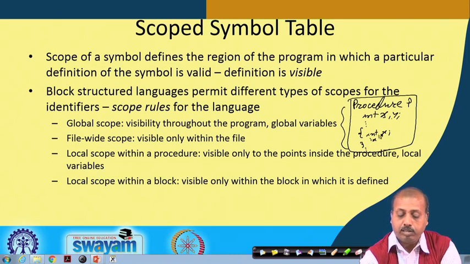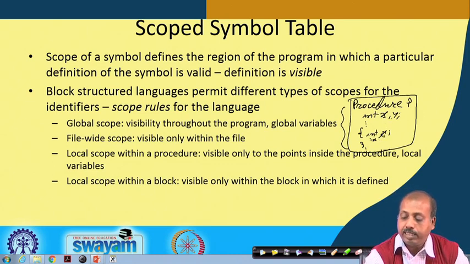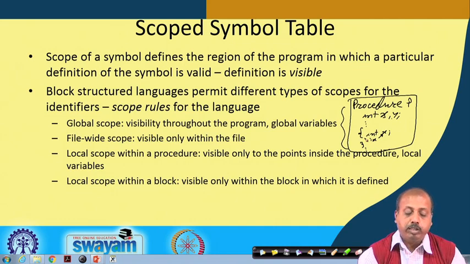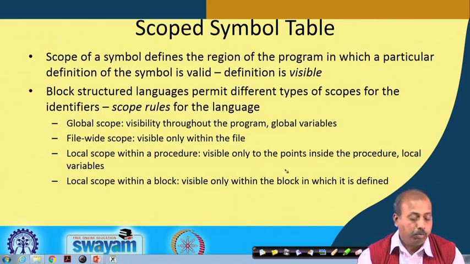So, this is the local scope within a block, and this x is not visible outside this block. However, the x that I have here may be visible everywhere within the procedure. That way we can have a certain set of rules for local scope within a procedure and local scope within a block. So, we can have different types of scope rules.